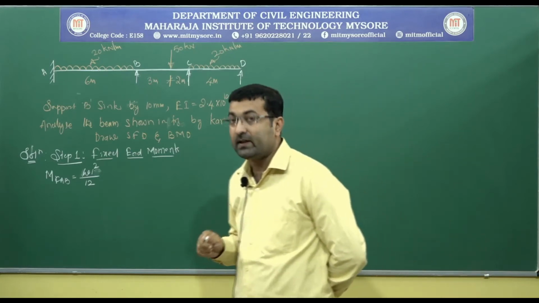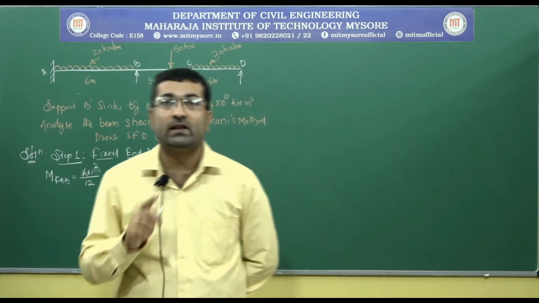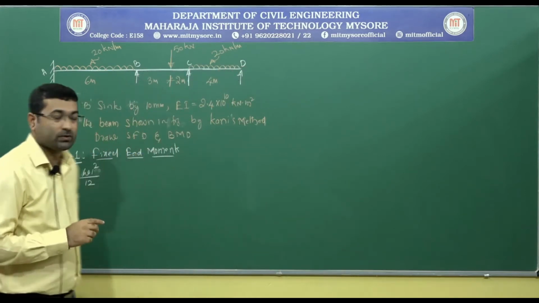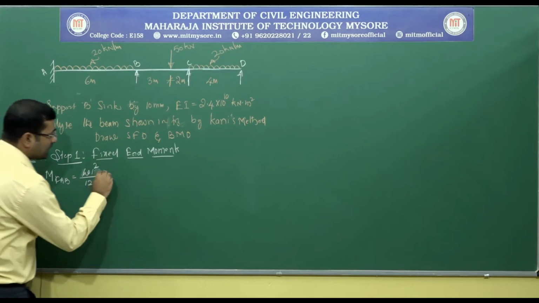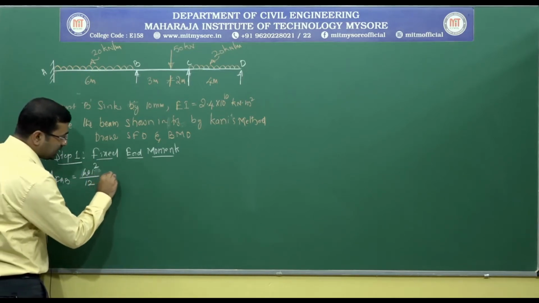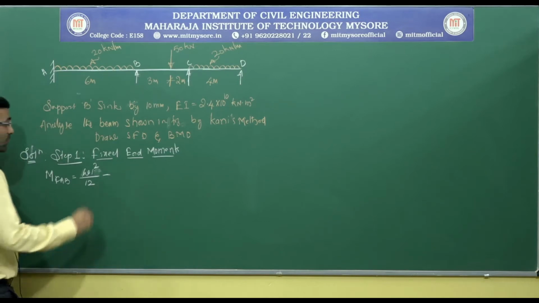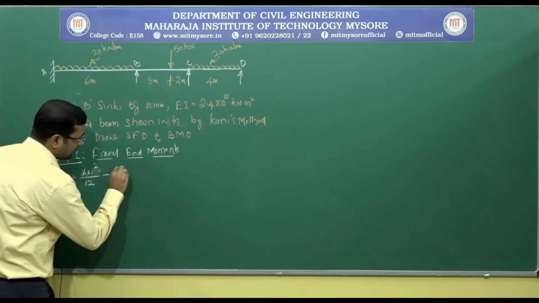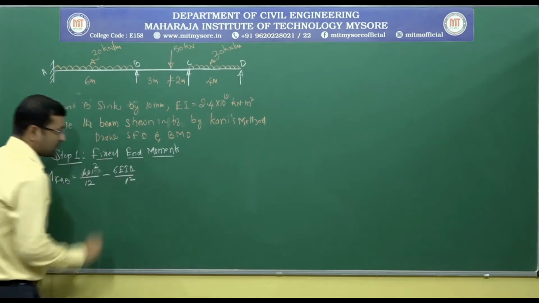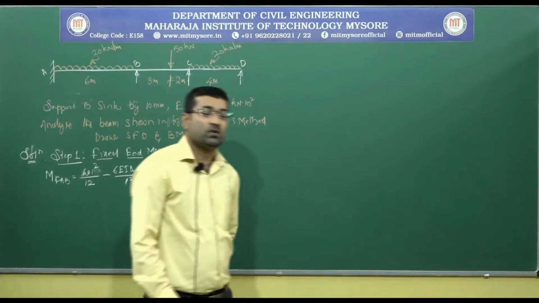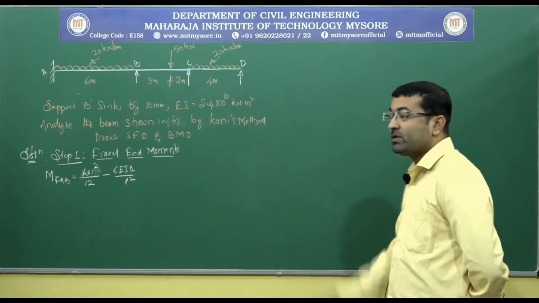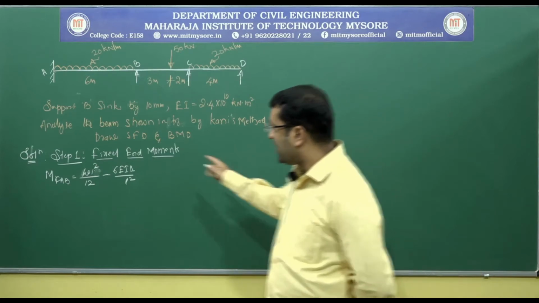While calculating the fixed end moments, we need to consider the effect of the sinking also. We all know that the sinking effect is considered from the formula minus 6 EI delta by L square. This is the formula to consider the moments developed due to sinking. This part will be considered.